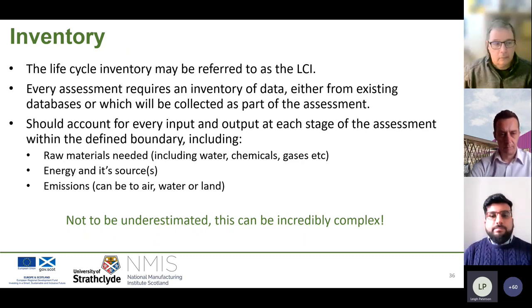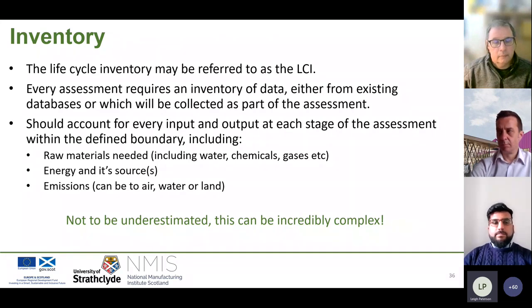So your emissions are not just pollutants, but they're also anything that emits into the environment, so your water, your land. And so this is the kind of depth of information that you're really looking to get to form your inventory. It's not to be underestimated. It is very complex and it's very, very difficult to get that information. But it's something that you must consider at this stage.